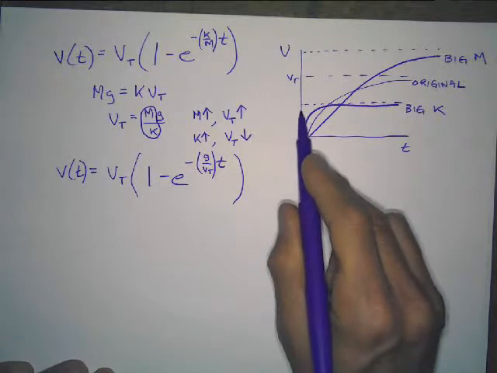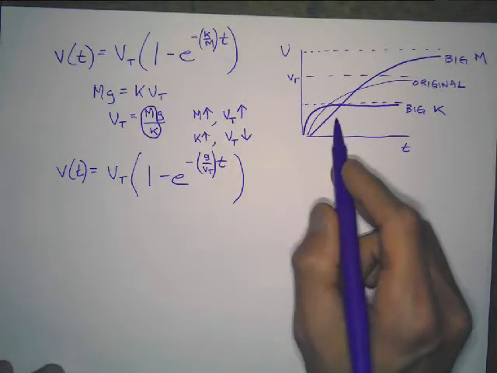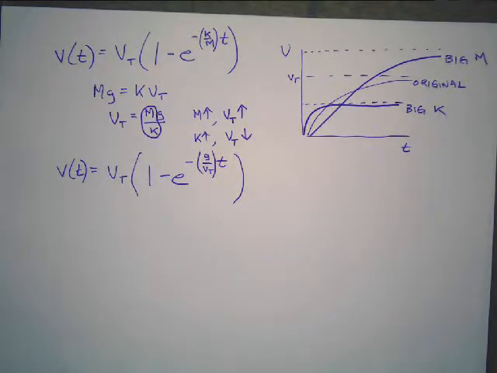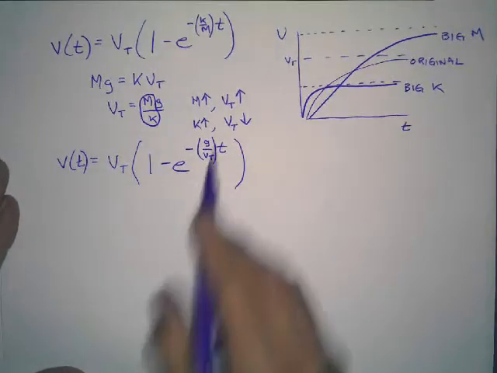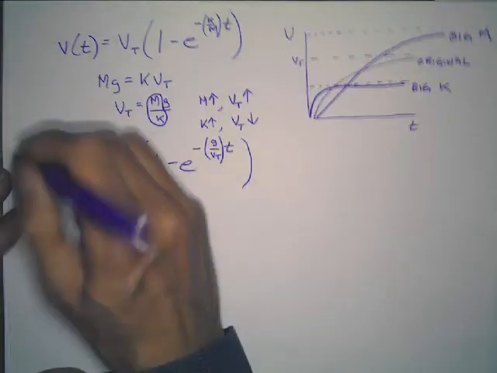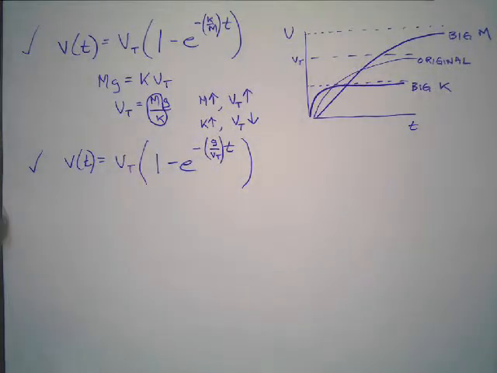You'll reach a smaller terminal velocity, and you'll reach it a lot faster. This is like dropping an empty beach ball through a very thick gas of some kind, I guess. So that's something to think about, especially as you start doing problems: these are two different ways of representing the velocity.